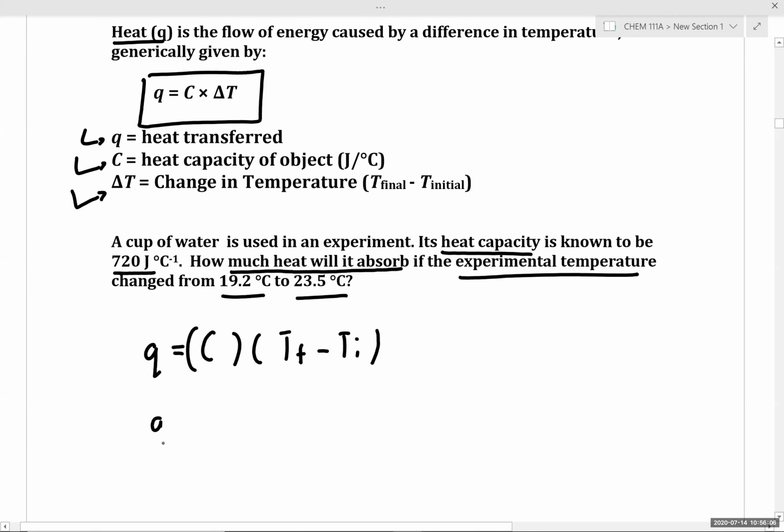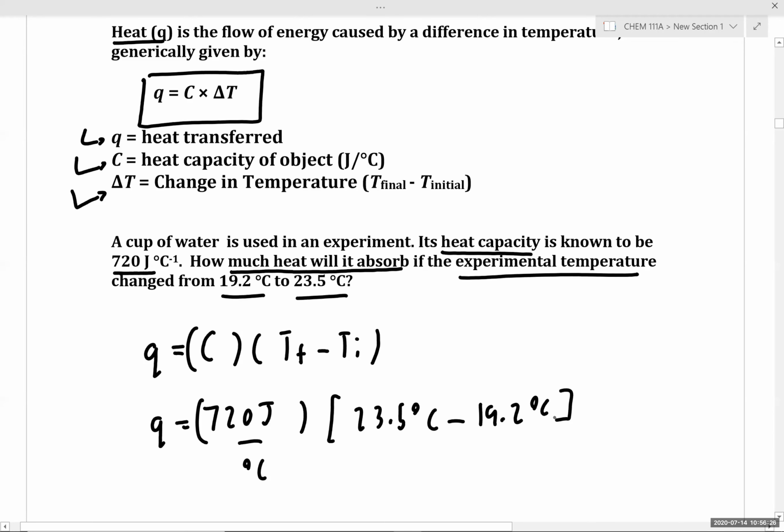We know that our heat capacity, I'm getting ahead of myself here, it's 720 joule per degree Celsius. Our T final is 23.5 degrees Celsius. Our T initial is 19.2 degrees Celsius.